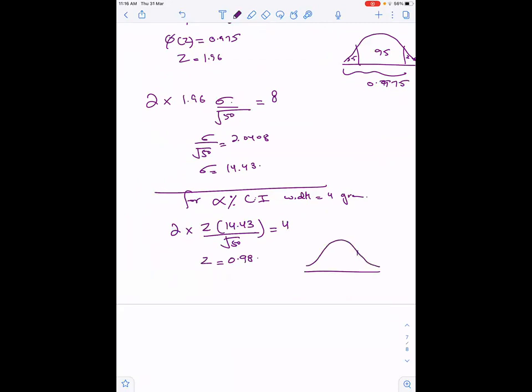If Z is 0.98, then obviously the other limit is minus 0.98.